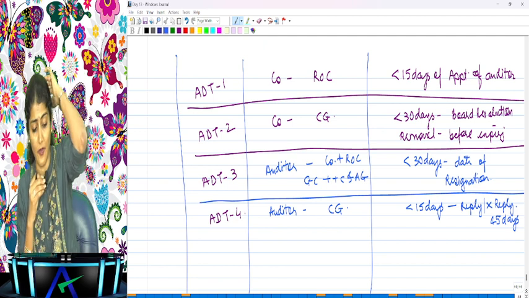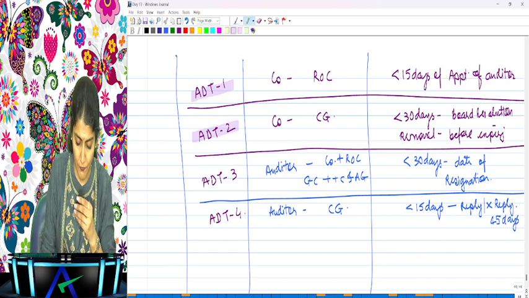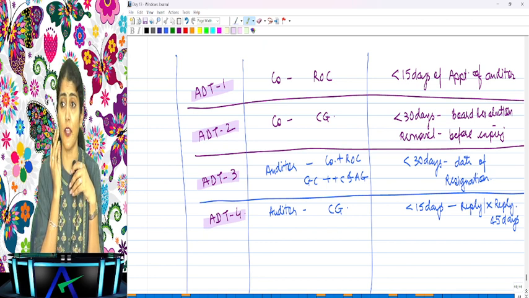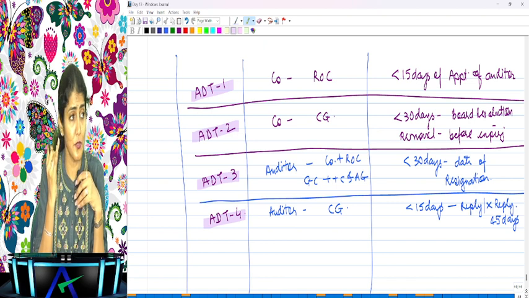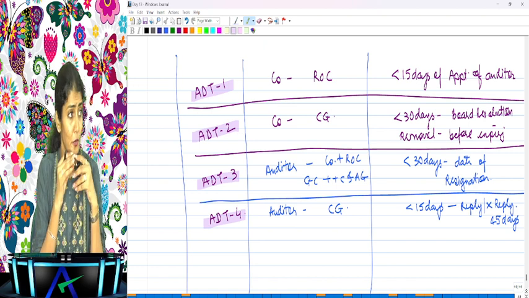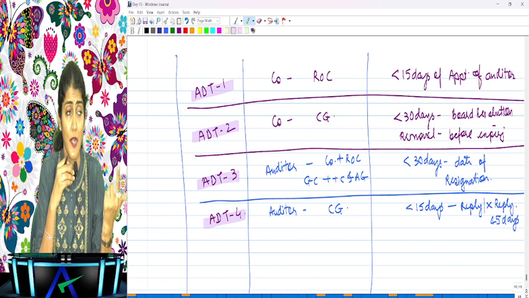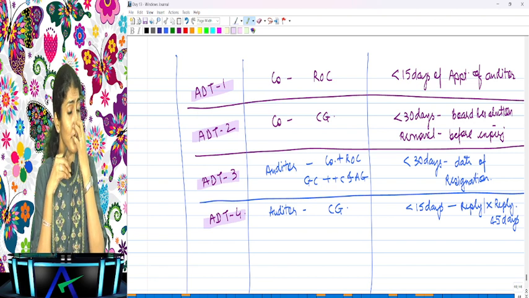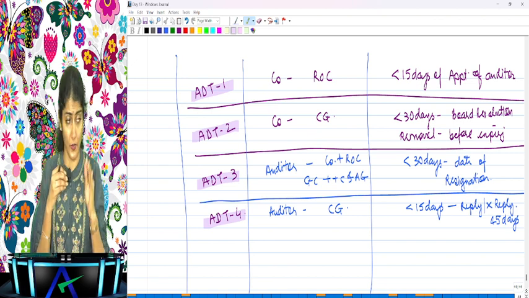Right, these are the forms we have been discussing: ADT1, ADT2, ADT3 and ADT4. Clear to everyone? Right, so have we completed the duties of the company auditor? What are the duties? Duty as to inquiry, duty as to reporting, duty to report on additional matters, duty to sign the audit report, duty for giving reasons for qualification in the audit report, duty as to branch audit, duty to comply with the auditing standards, and the last duty, duty to report the fraud to the central government.